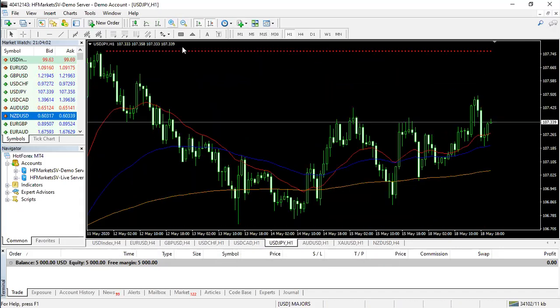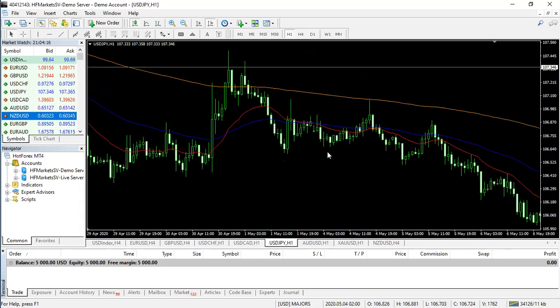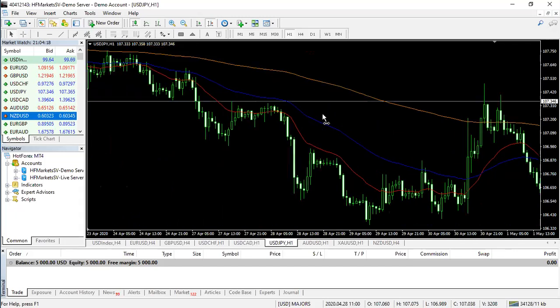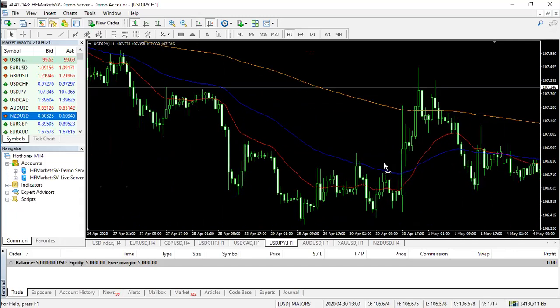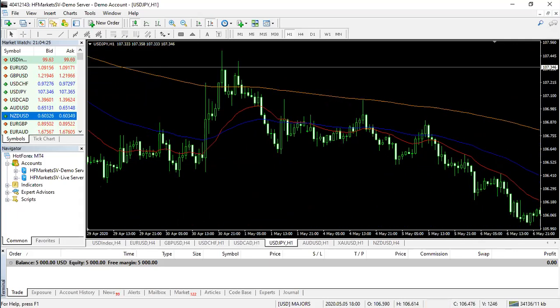So the moment you realize moving averages are below like here, it means the trend is likely to move to a higher point. Okay, and then when you realize moving averages are above, the trend is likely to move to lower points.